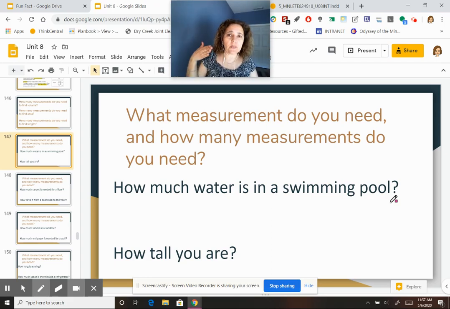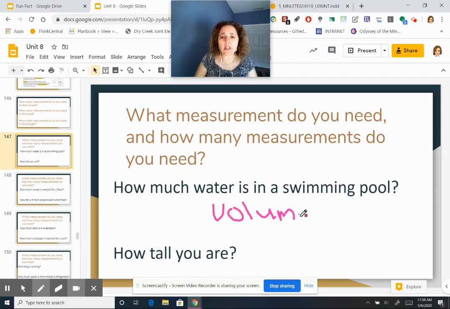No, that would just be if I wanted how long it is. Area would just cover like the top of it. So what measurement do I need? If you said volume, you are correct. And how many measurements would you need to find the volume of a swimming pool? If you said 3, you are correct.